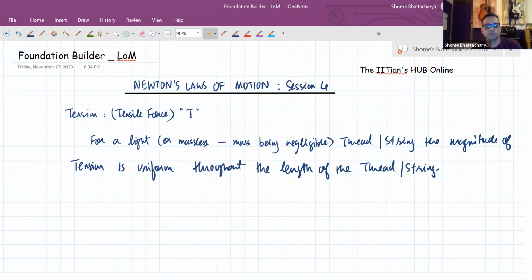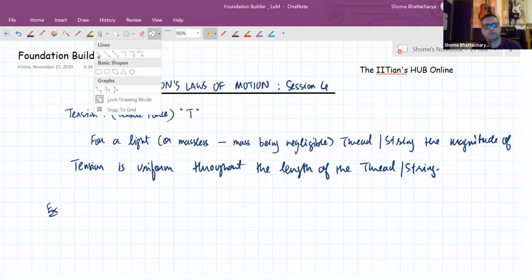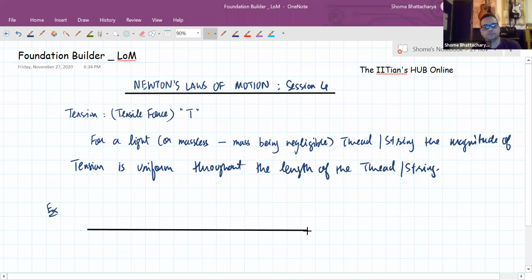So we will continue with a couple of questions based on that first. Now, for example, if we have a situation like this, on a smooth frictionless surface, a block of mass m is placed like this.